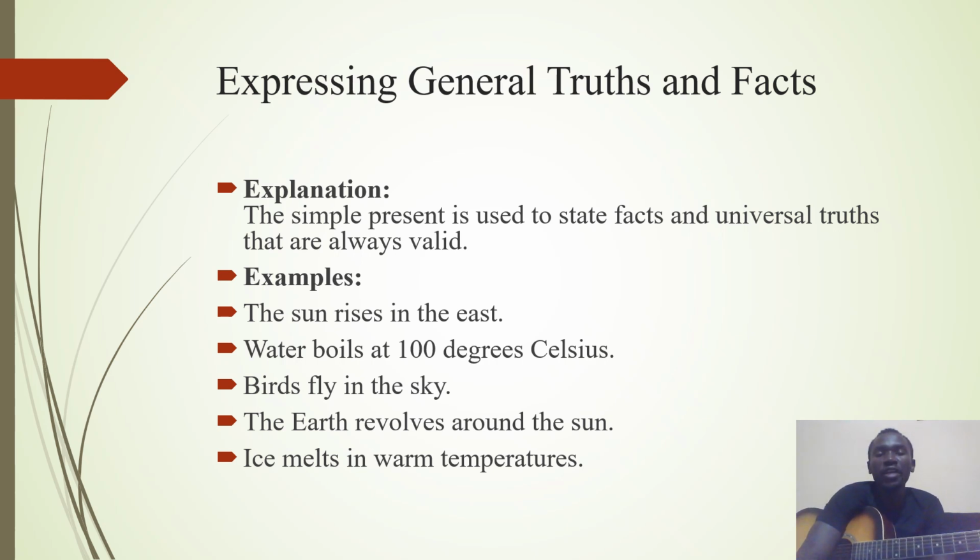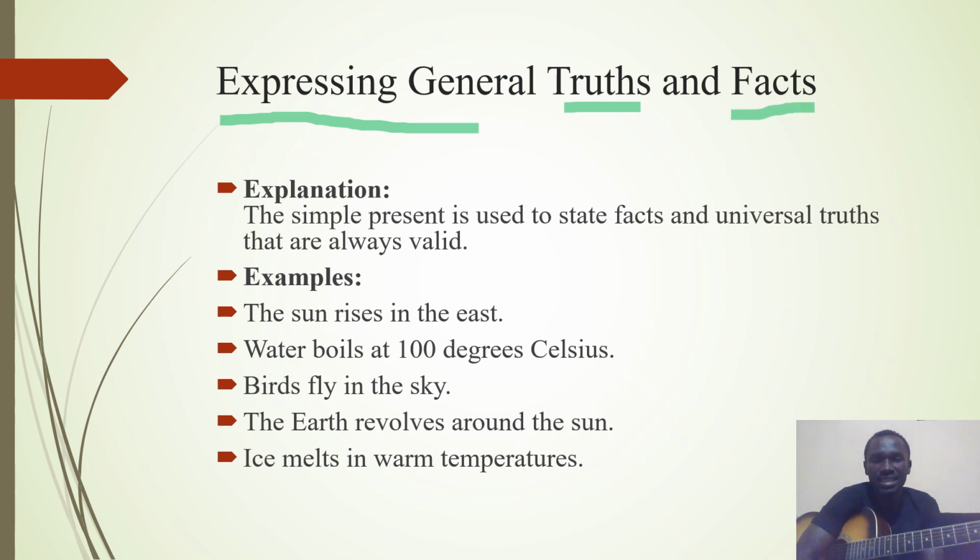So we have expressing general truths or facts. We use simple present tense when we are expressing general truths. One would wonder, what is a general truth or a general fact? General truths are facts and universal truths that are always valid.